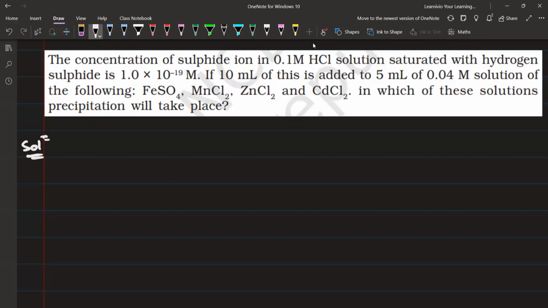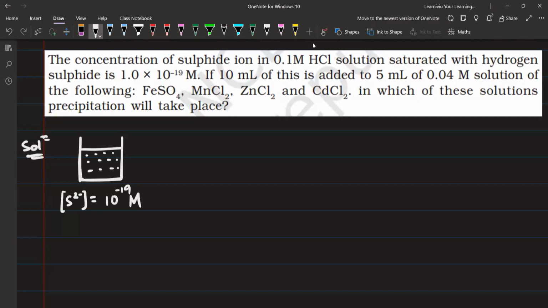So we have a solution of hydrogen sulfide जो कि 0.1 मोलर HCl में बनाया हुआ है ना. ठीक है. In this we have sulfide ion का जो concentration है, the concentration of sulfide ion, it is equal to how much? 10 to the power minus 19 मोलर. यहां तक सही है हाँ या ना बताएं.